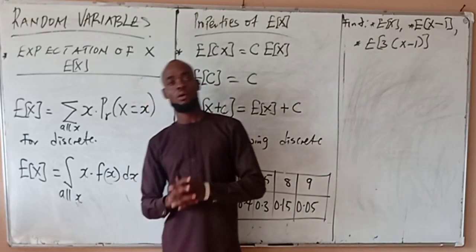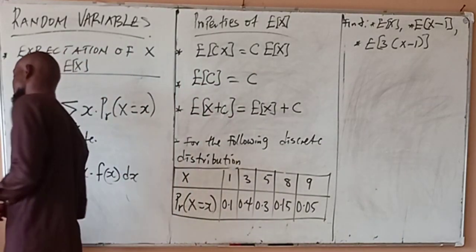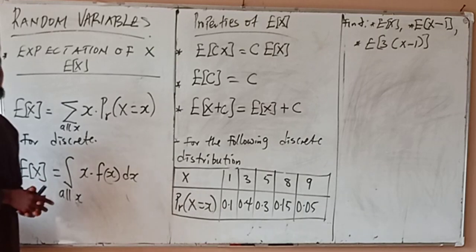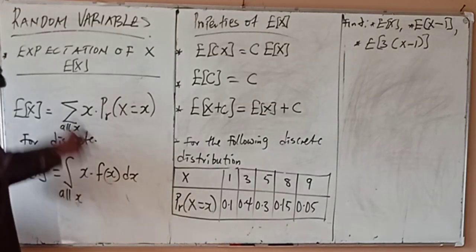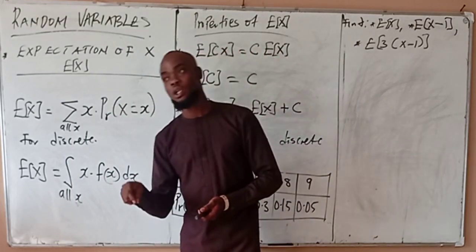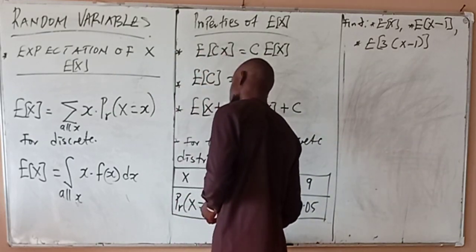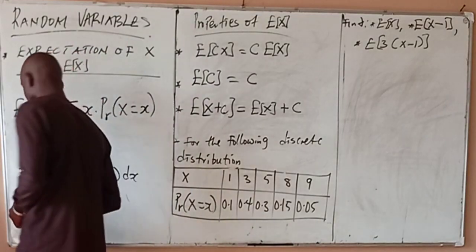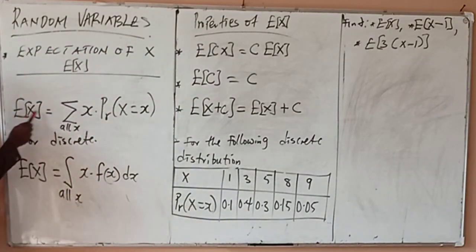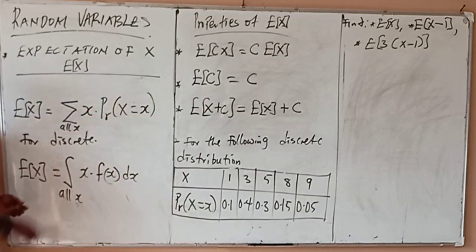If x denotes a random variable, then the mean or the expectation of x, which we sometimes call the mean of a random variable, will be equal to the summation over all x of x times the probability of x equal to x for discrete random variables, and this for continuous random variables.